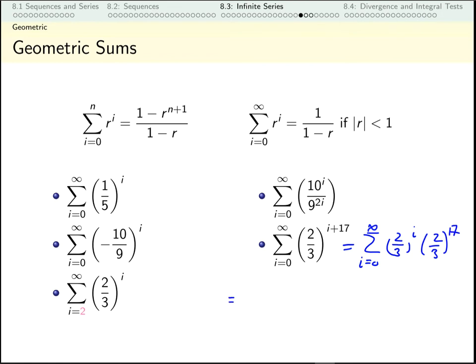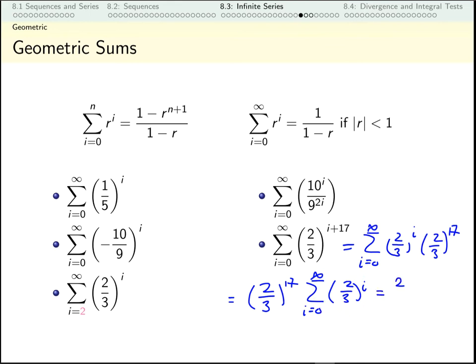Now that term, 2/3 to the power 17, does not have an i in it, so I can factor it out of my sum. Again, this is the type of algebraic manipulation we talked about when we were doing Riemann sums. So the terms that are left are 2/3 to the i. Now I can use my formula. My indices are right. My r is 2/3.